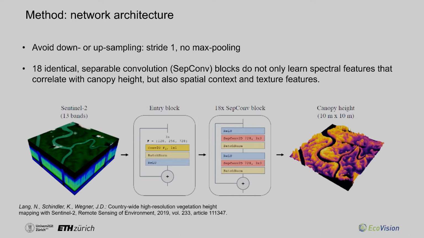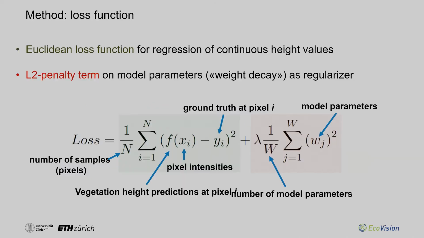So input is Sentinel-2 images with 13 bands. Then we increase the input feature dimensions quite substantially from 13 to over 700. And the output finally is a canopy height map where color encodes height. So everything light, bright orange is very high, and everything dark or violet is low.